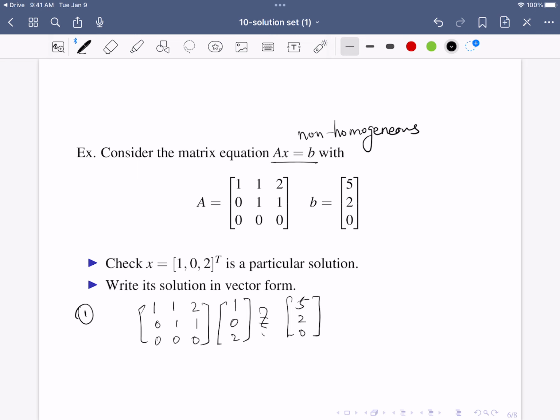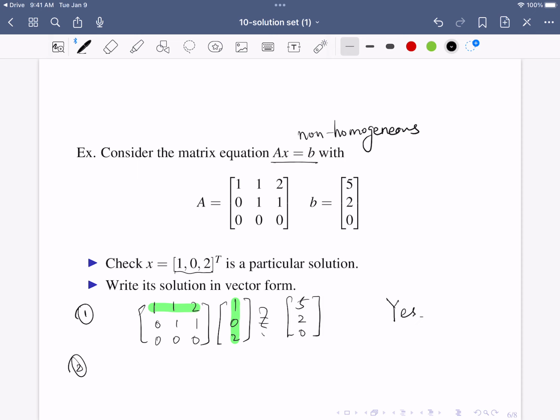For example, from the first row and first column, we see the row vector multiplied by the column vector gives me 1 times 1, which is 1, 1 times 0, which is 0, 2 times 2 is 4, so in total this is 5. And we can do similar things for all three rows, and the answer is yes. So we're done. This is actually a particular solution.